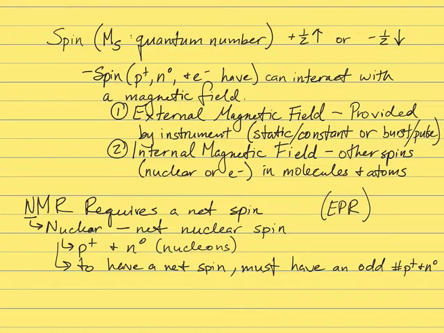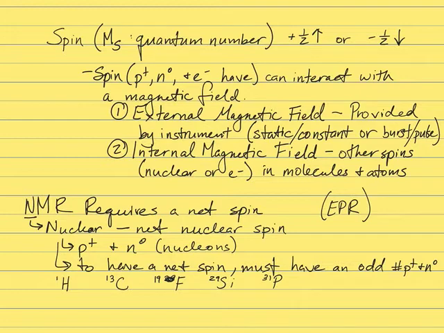Some examples of atoms that have a net nuclear spin are hydrogen-1, carbon-13, fluorine-19, silicon-29, and phosphorus-31. There are lots of different isotopes, but the isotopes that will be NMR active are the ones that have these odd numbers of protons and neutrons.